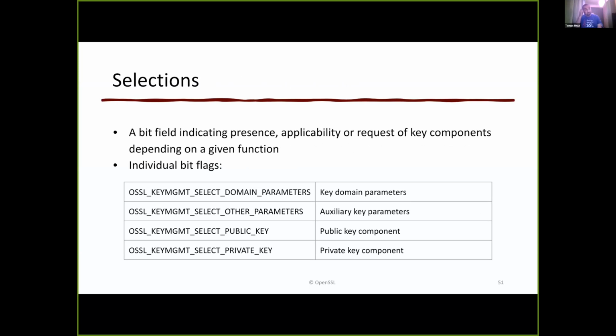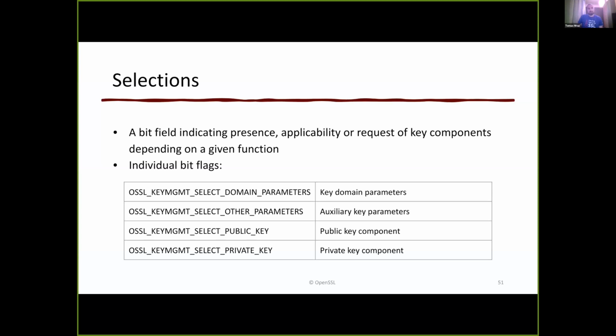Now let's talk about selections, which is a new concept here that was introduced with providers. Selection is basically a bit field that indicates presence, applicability, or request of key components depending on a given function.